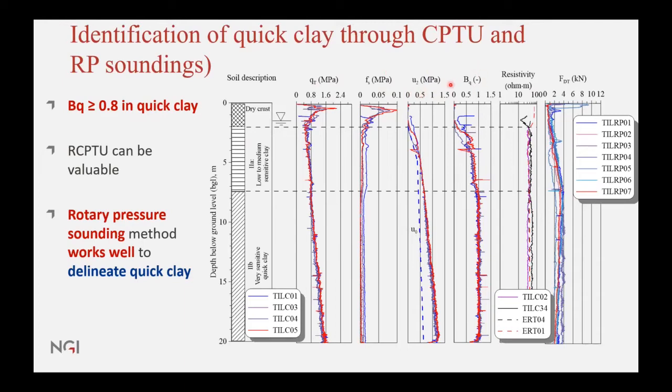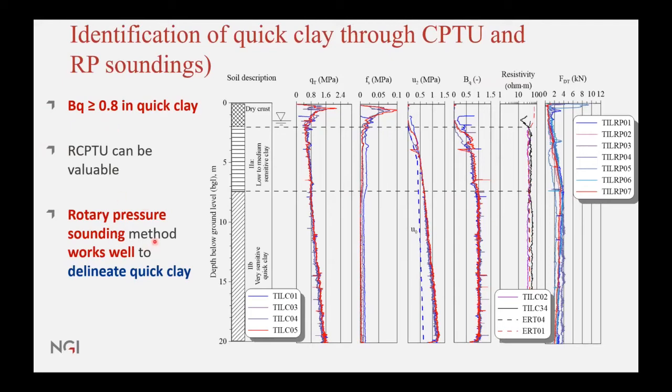And then we have a pore pressure parameter Bq here. And also on our CPT, we have a resistivity probe to measure the resistivity in the soil. What we see in sensitive clay is that there's a high pore pressure while we are pressing down the sounding, and usually the Bq parameter is higher than 0.8 in quick clay.